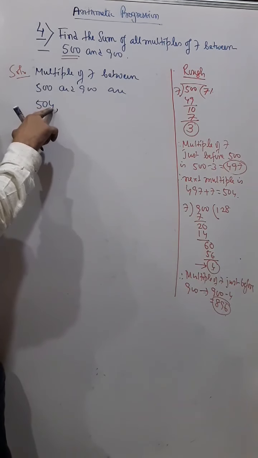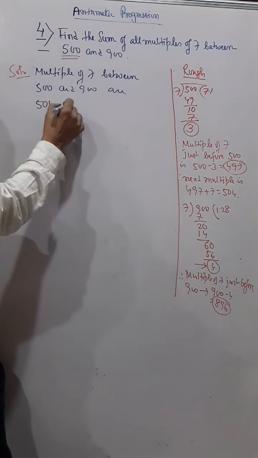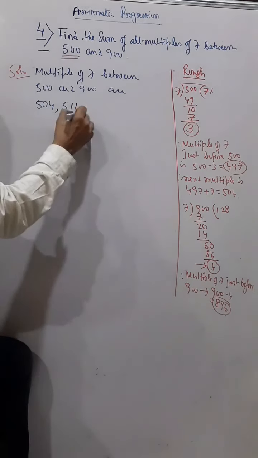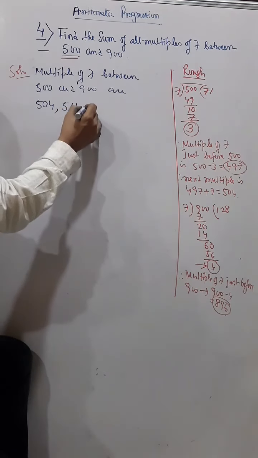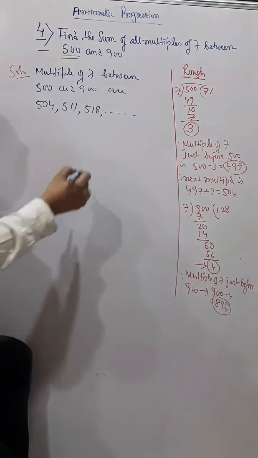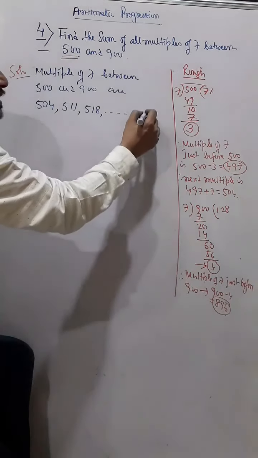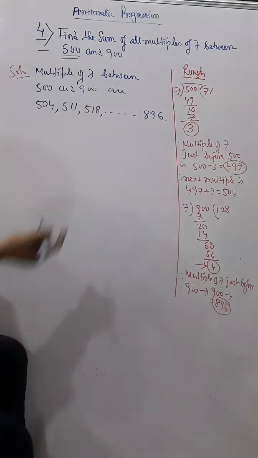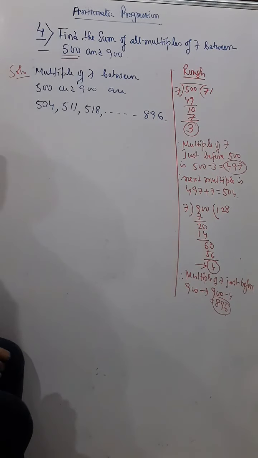The next number will be 504 plus 7, that is 511. The next number will be 511 plus 7, that is 518, and so on. And the last term will be 896. So this is my AP, and now we can get the sum of the terms.